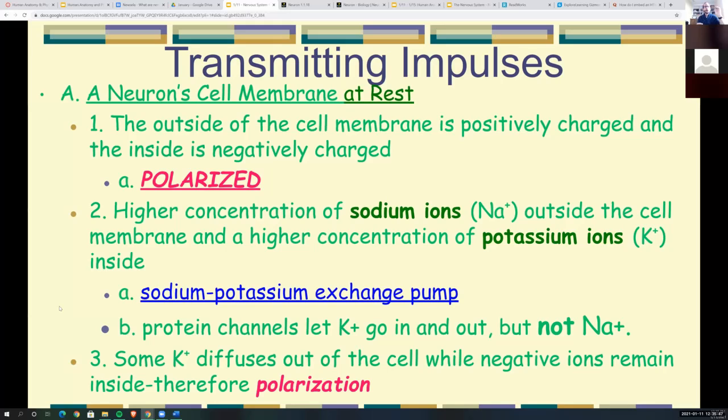Polarization is the idea of having one area with one charge, the other area with the opposite charge. Inside the axon cell membrane, we have a negative charge. Outside the cell membrane, we have its opposite, a positive charge. So we say that it is polarized. You could almost think of it as a gun with the hammer pulled back. It's ready to fire.